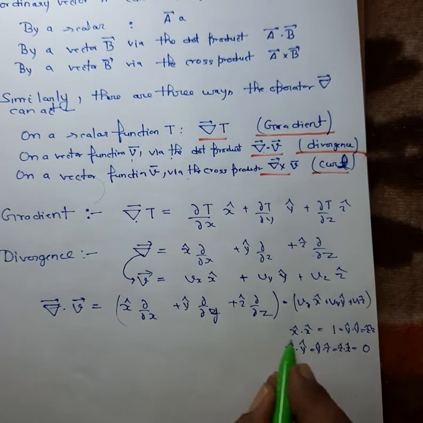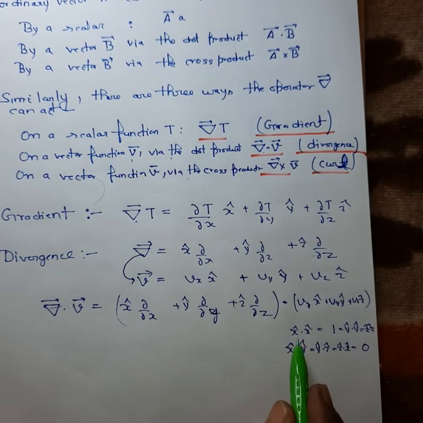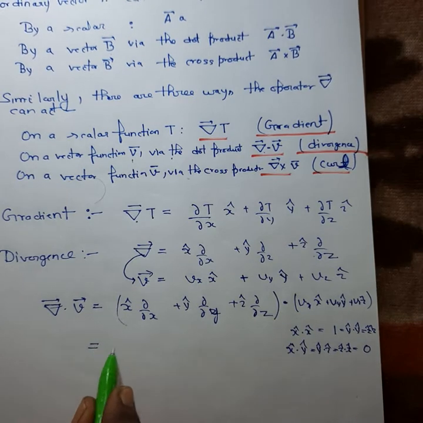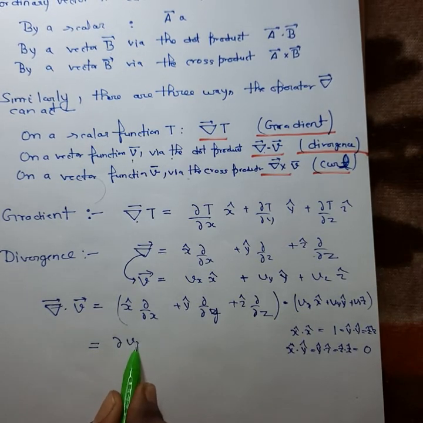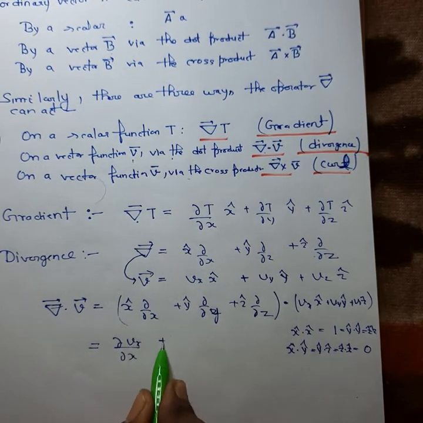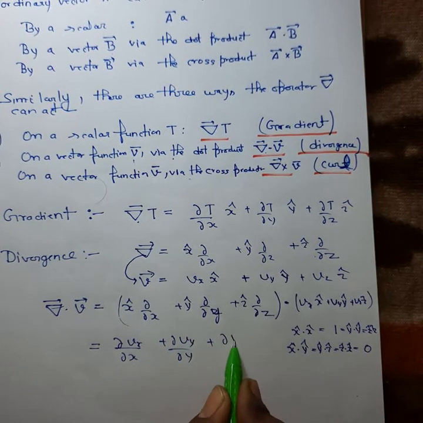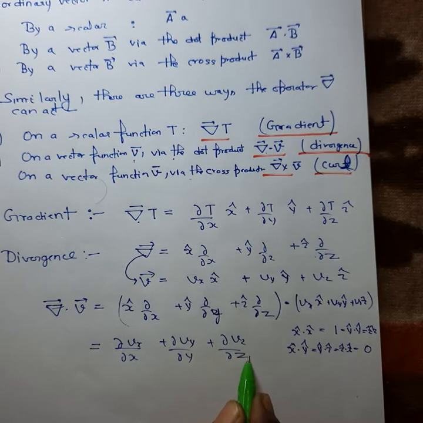Keeping this in mind, when you take their product, you will get del vx by del x, plus del vy by del y, plus del vz by del z.